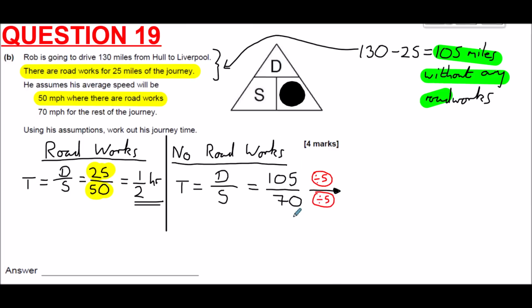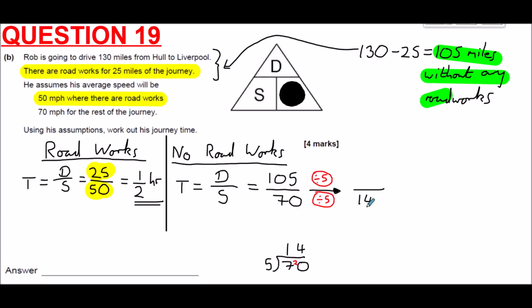So looking at the bottom, 70 divided by 5. How many 5s fit in 70? 5 into 7 goes once, with 2 left over. And 5s into 20 goes 4 times. And so the bottom number would become 14.